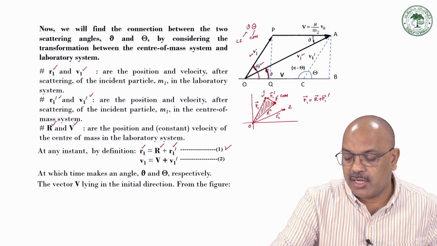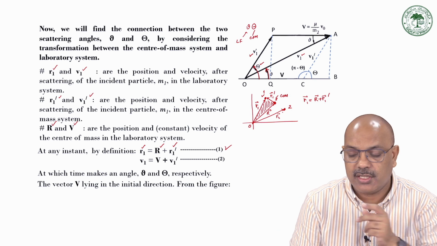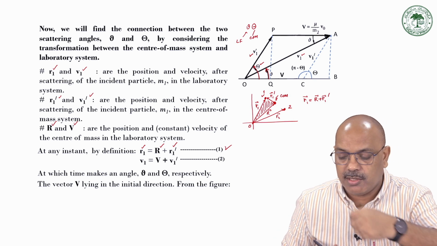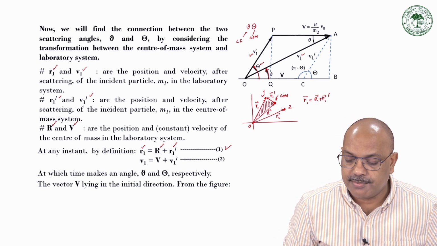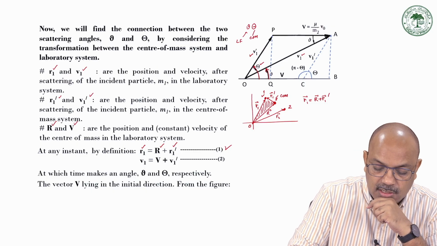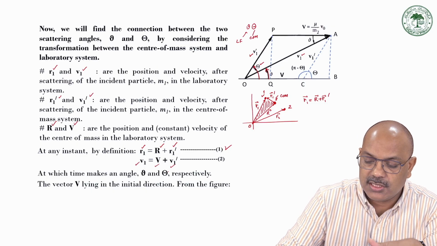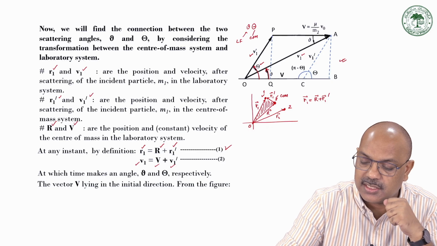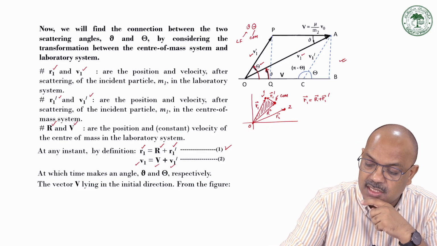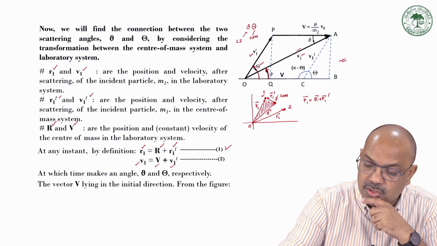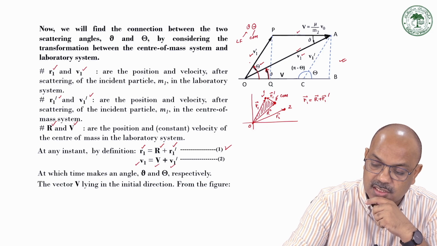Similarly, you can write for particle 2, but we are concentrating on particle 1, which is my projectile in the case of the lab system. Similarly, we can have the velocities V1, V and V1 prime. This is evident from the figure: this vector V1 is V plus V1 prime.